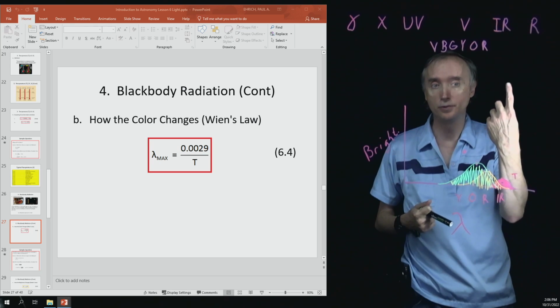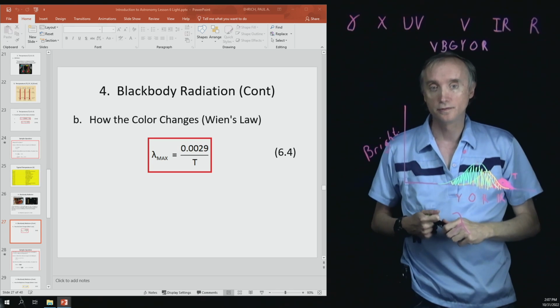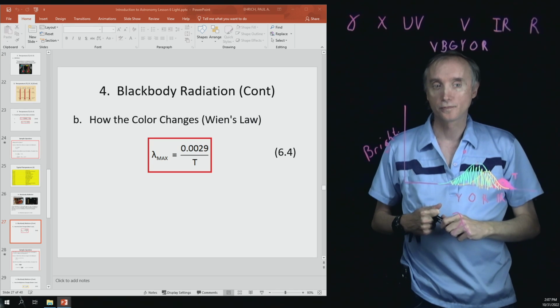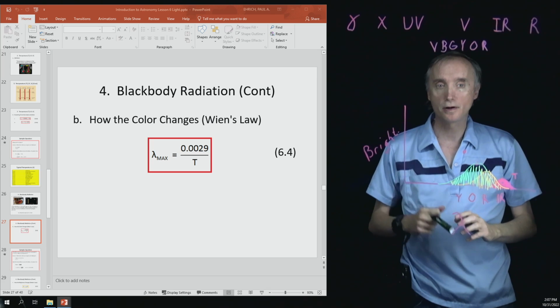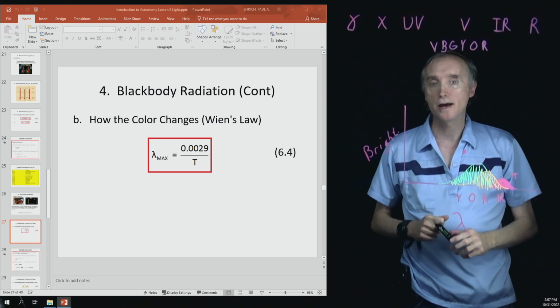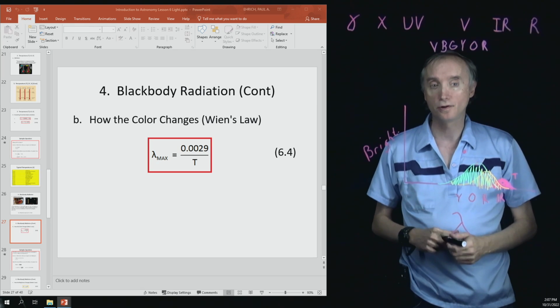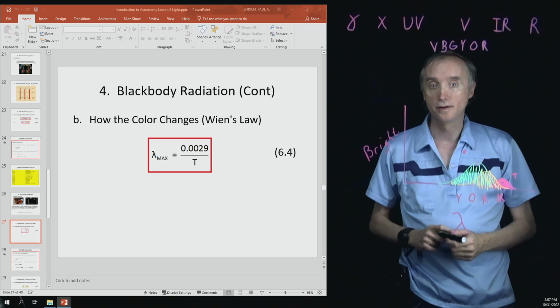Is it going to go up, go down, or stay the same? What do you think? Okay, the T's in the bottom part of the formula, so if you increase the T, what comes out gets small. The wavelength is getting smaller as the temperature increases. Now, does that make sense?